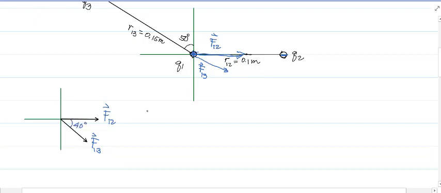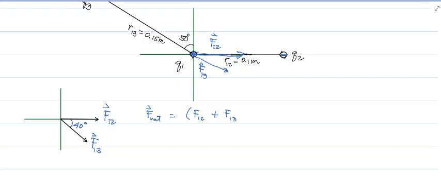So solving by component method, the F net would be equal to the component summation of all the components along x and y. F12 along the positive x-axis, plus we have F13, but then take note our F13 is 40 degrees below.